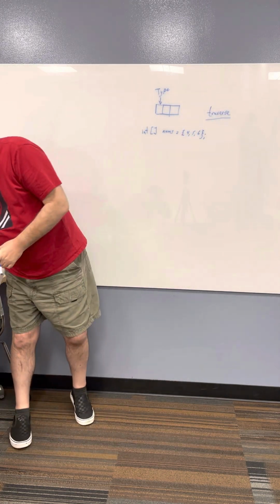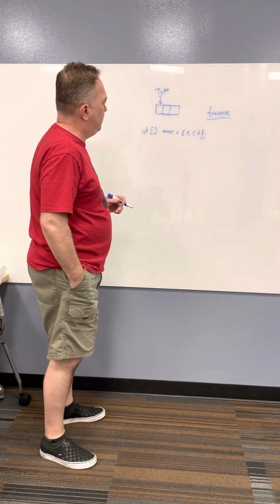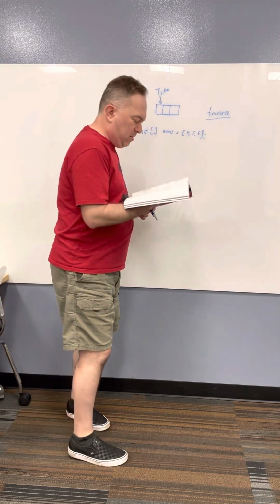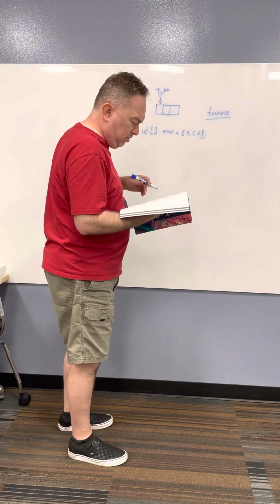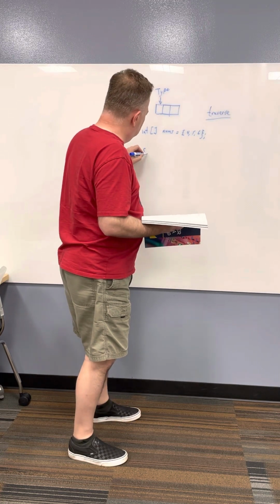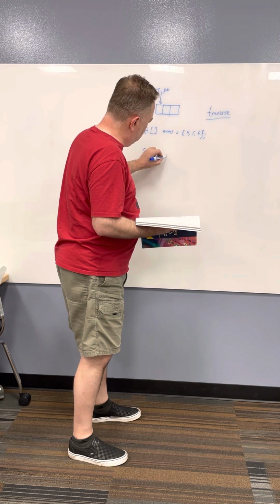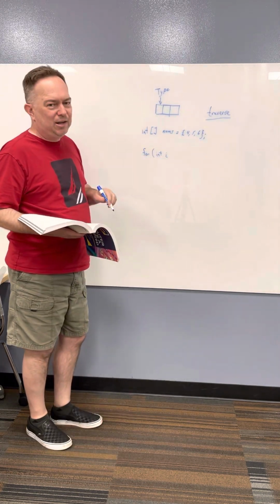Now, to traverse it, we use a loop. For example, this is one from the book. There are different ways you could do it. You could use a while loop, you could use a for loop. Your book shows a for loop. So we could say for int i equals 0, i is less than 3, i plus plus. By the way, we often use i for loops because i is short for index.